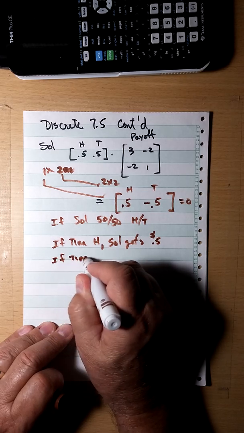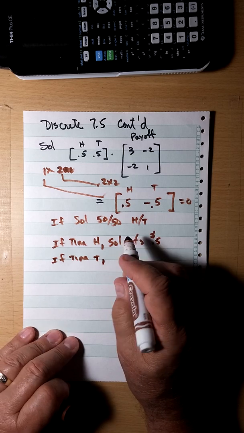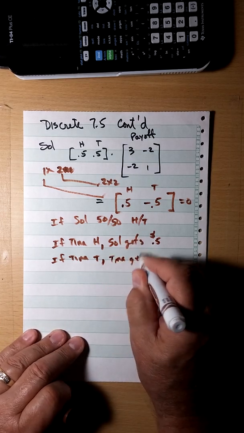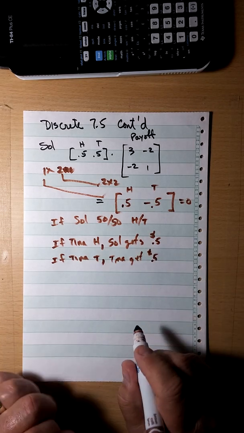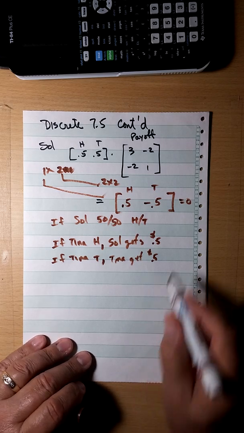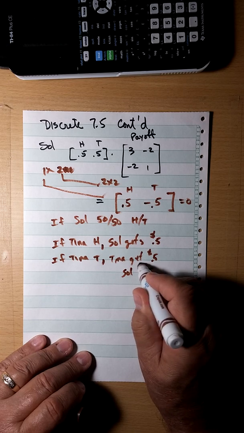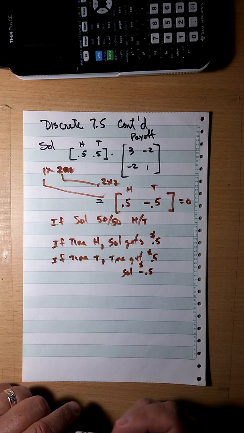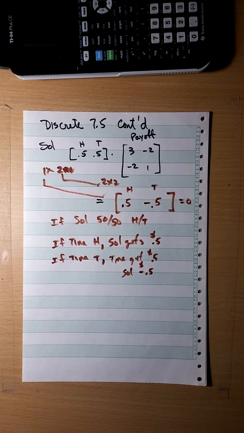And if Tina plays tails, Sal loses 5 cents, or Tina gets 5 cents. Sal is a -5. And if they do this an infinite number of times, then it comes out to be that 0 eventually.